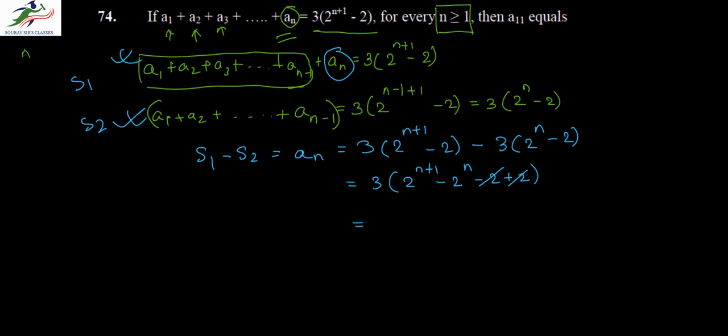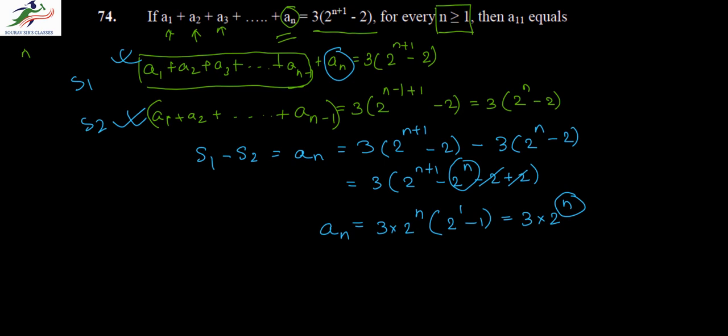So this becomes 3 into, I can take 2 to the power n out as a common factor, into 2 to the power 1 minus 1, which is 2 minus 1 is 1. So this becomes 3 into 2 to the power n. So an is equal to 3 into 2 to the power n.